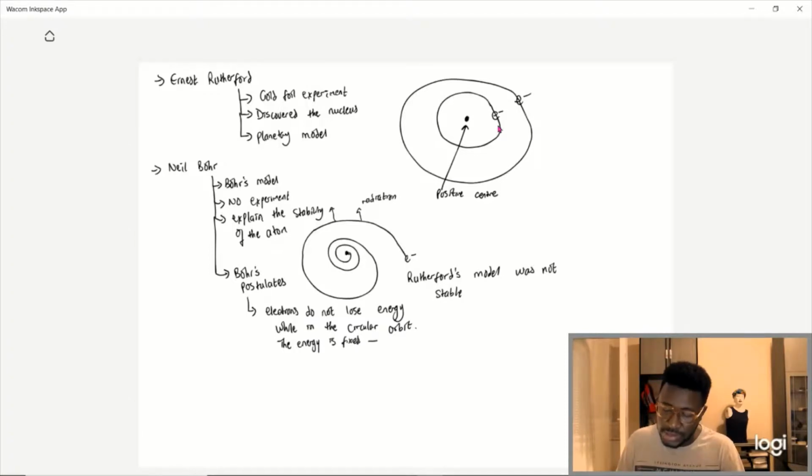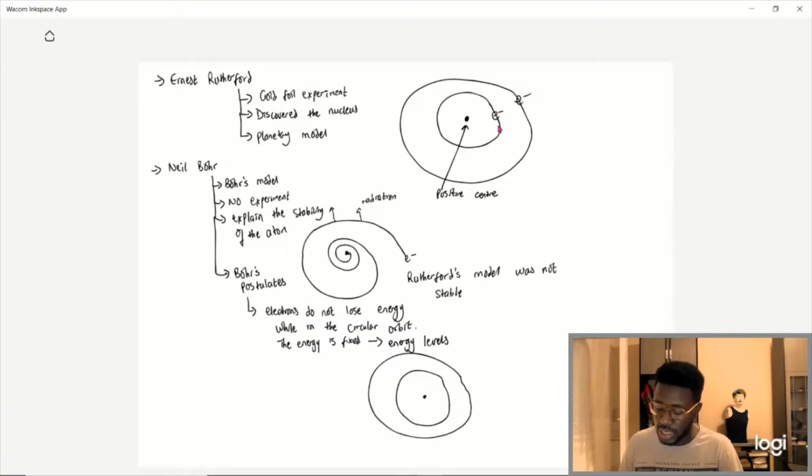So this gave rise to energy levels. So basically, you have one shell, two shells, according to Bohr's model, and the electrons here, they have constant energy.